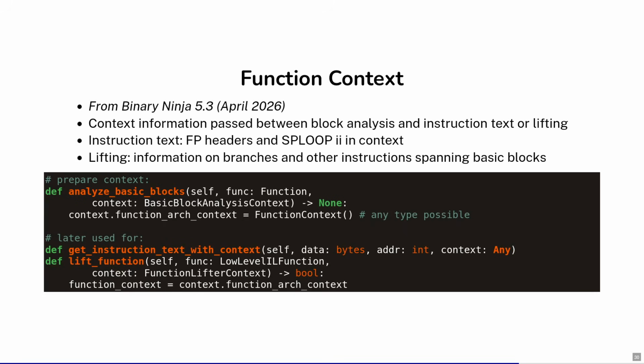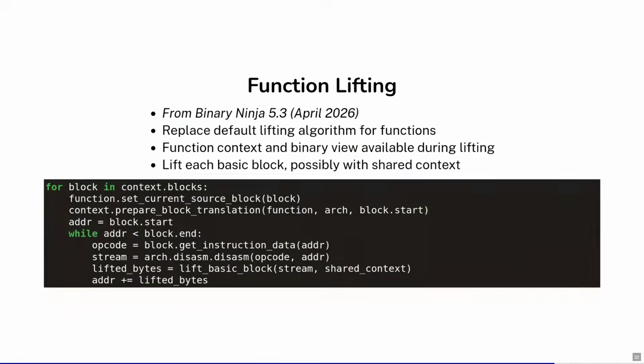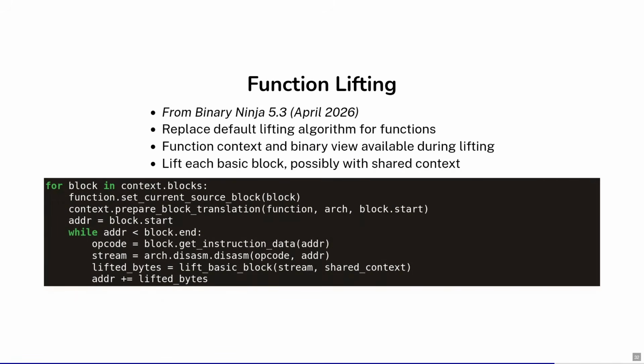As you may remember from when we talked about translating single instructions to intermediate language, it was called differently, but it was also this low-level IL function that we get passed. And now we want to lift, and we do this by handling each basic block and translating it as we see fit. And we can now also decide which shared context we need to translate each block correctly, so we can freely pass information in and out to translate instructions that are pending across block boundaries.